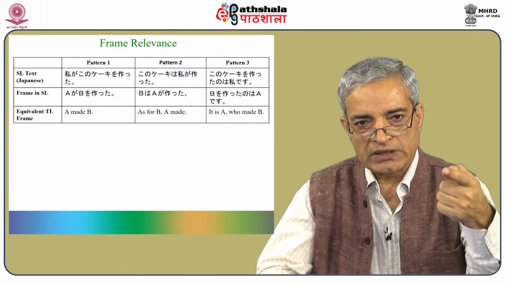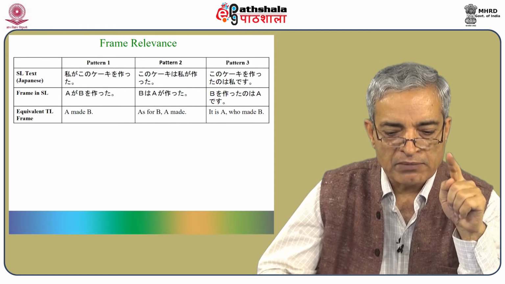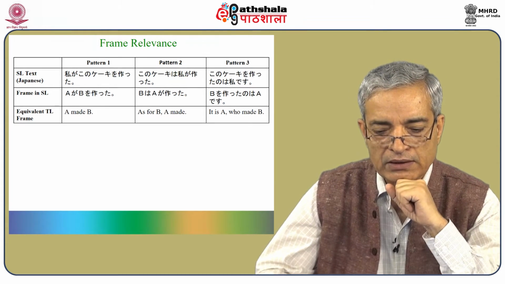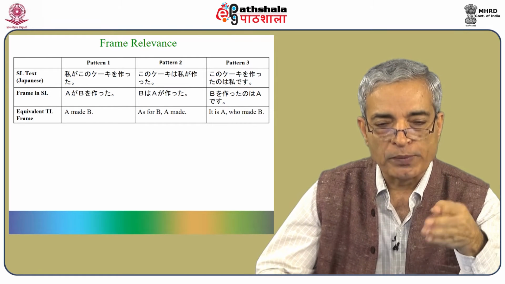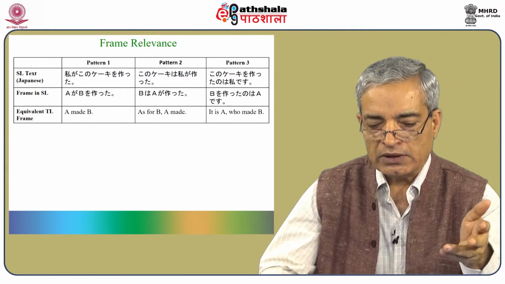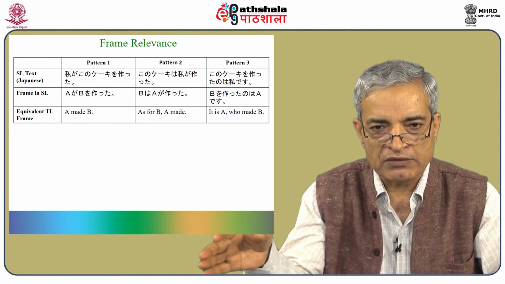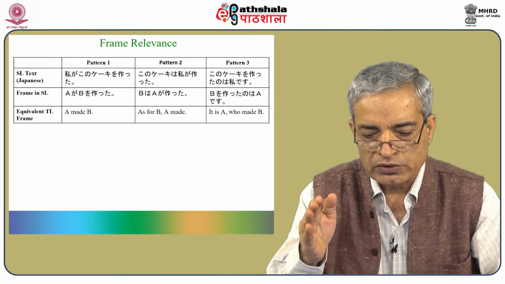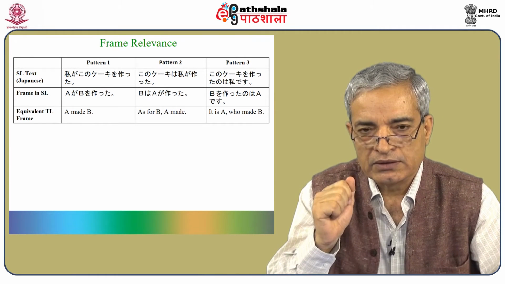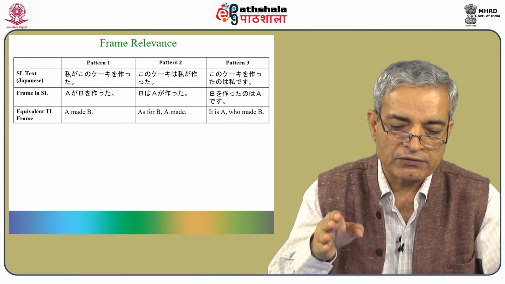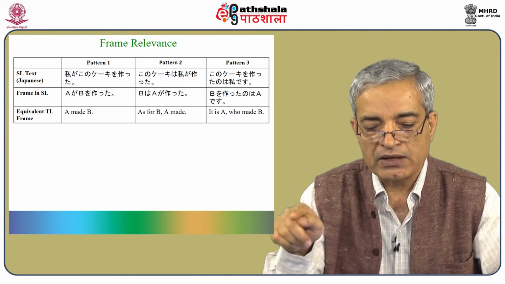Now, if you see the equivalence, the first one is A made B, the second one is as for B, A made it, and the third is it is A who made B. Now you can see at least in the first and the third one, the emphasis is totally different, the nuance is quite different. In the case of the first sentence, we are saying A made B, very simple. In the case of the second, we are saying A made it.